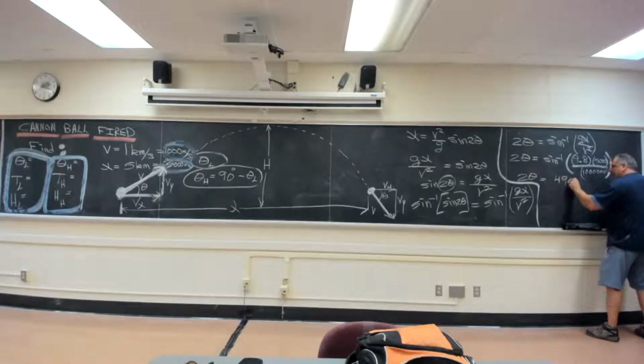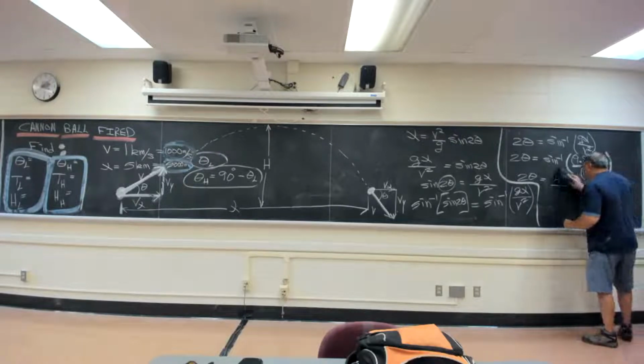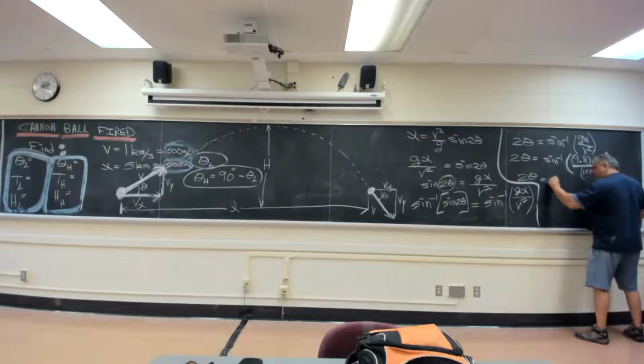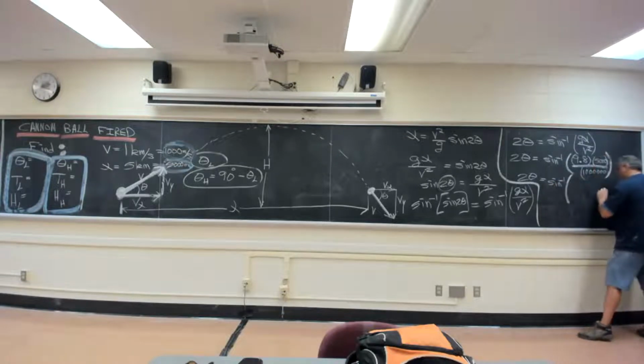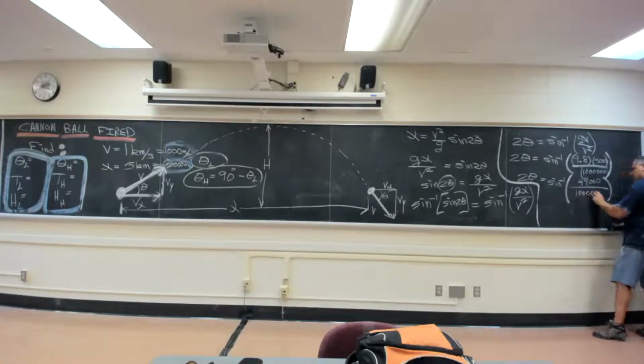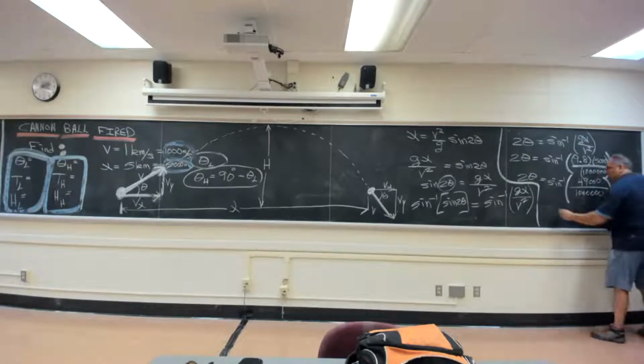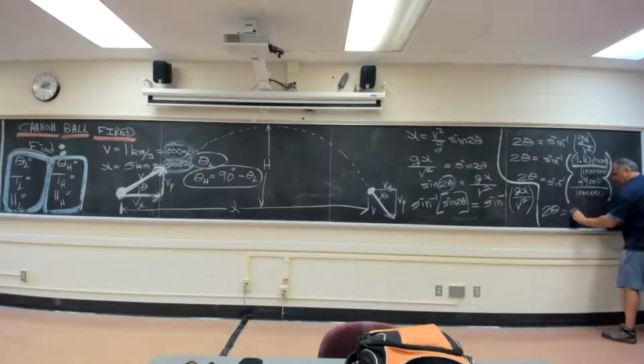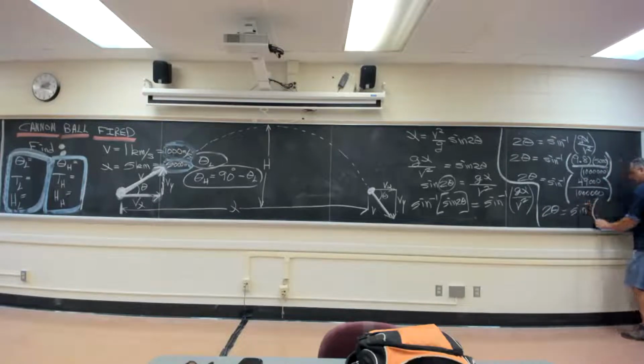So it's 49,000 if you do the multiplication. 2 theta equals the inverse sine of a very small number, probably indicative of a very small angle. 49,000 divided by 1,000,000 is 49 over 1,000, which is 0.049.